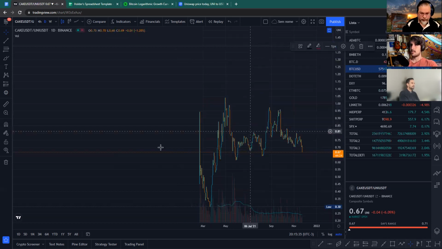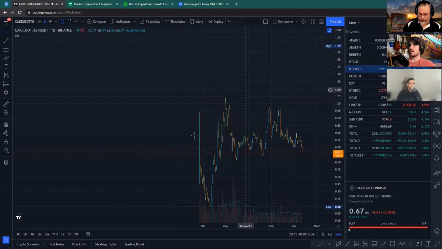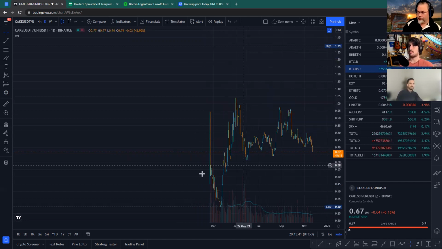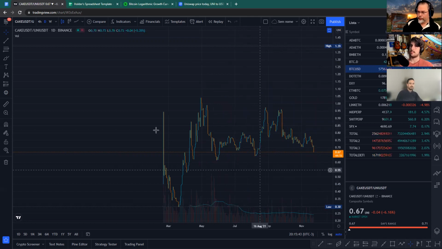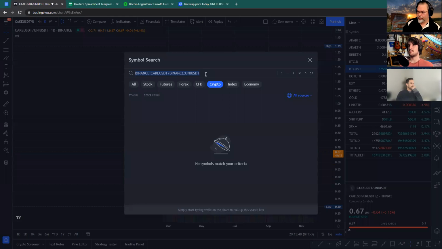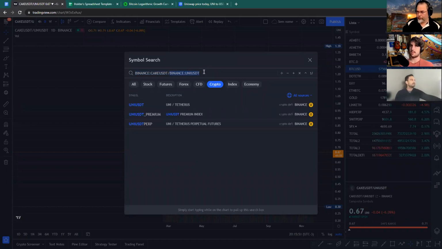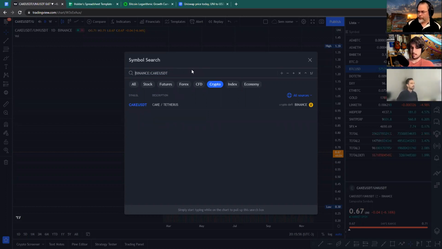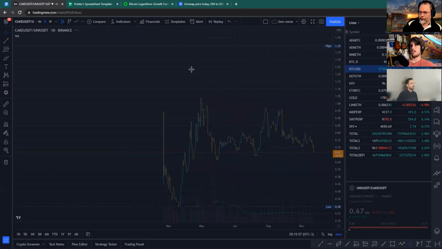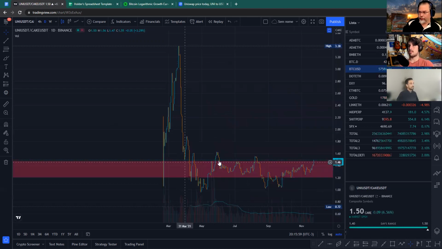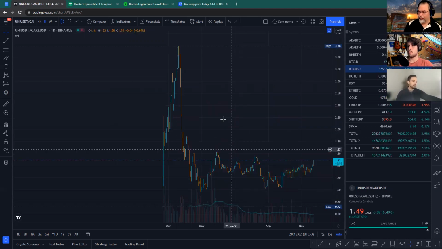As you can see, Cake and Uni go maybe sideways almost all the time. It goes up a little bit, then it goes down. Sometimes it's also interesting to see the inverse, so Uni divided by Cake makes a little clearer what moves we are seeing.